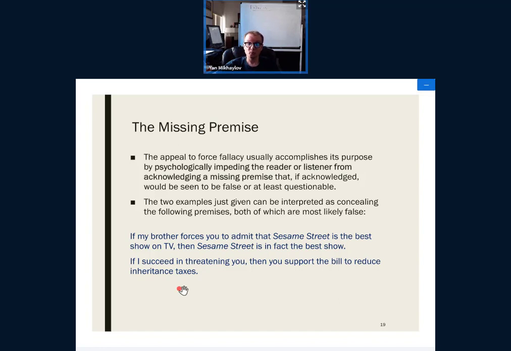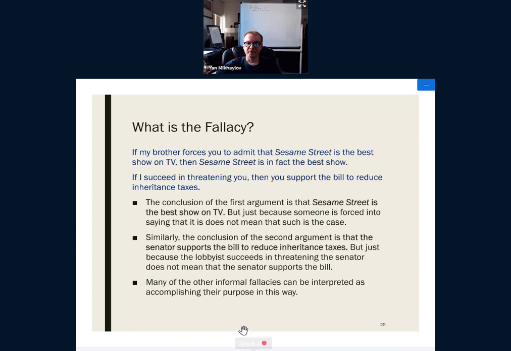Now, we would hope that our senators are deciding this based on something more respectable than just fear of repercussions, although very often they unfortunately do. Okay, what is the fallacy here? Well, the fallacy obviously is the fact that the conclusion should not be accepted based on fear.